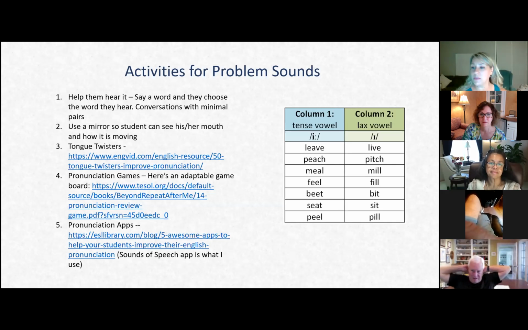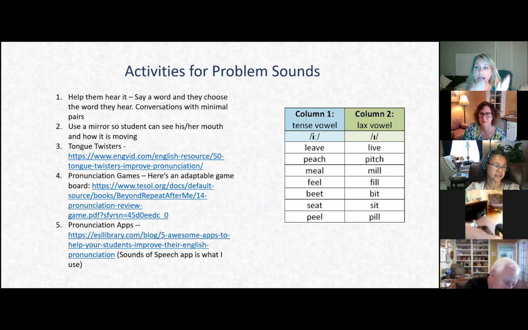They must be able to hear it in order to be able to produce it. They have to hear the sound. So it's really important that you as a tutor help them by saying it, by continuing to repeat it, by continuing to correct them.